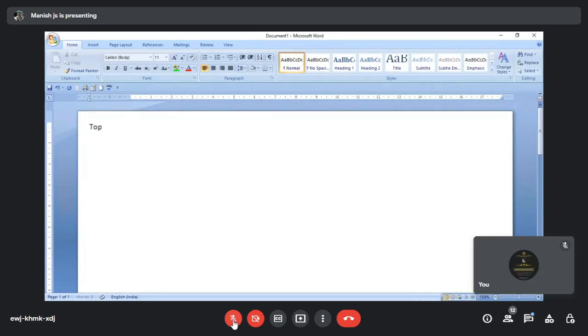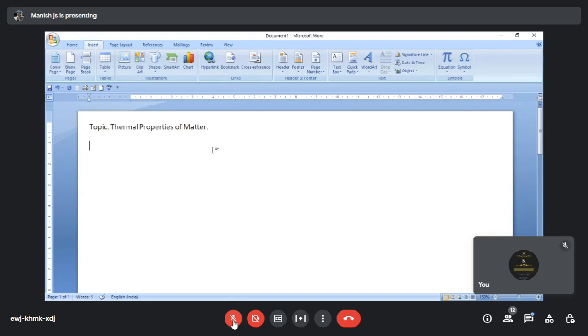So the topic: properties of matter. Take a book and keep it ready to solve. So have a book ready. We will go ahead and we will solve questions now. Let me bring the questions one by one.